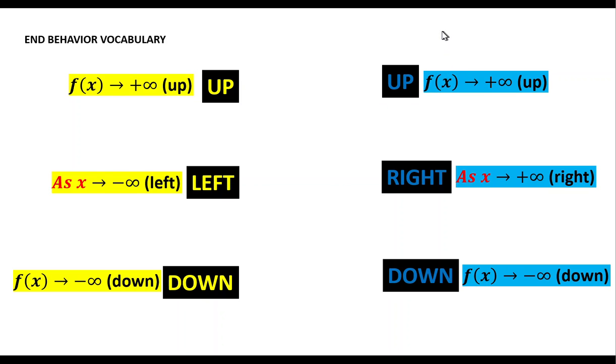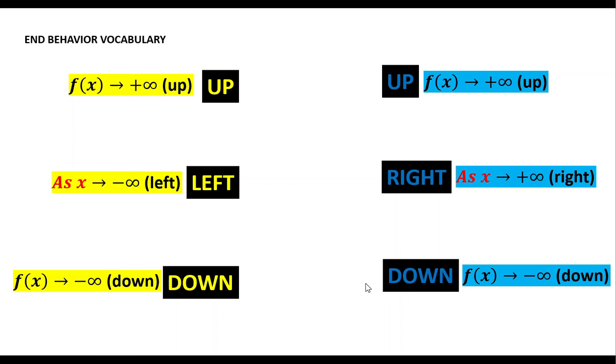If the function or the y values are becoming more negative, whether you're going to the right or to the left, we say the function is approaching negative infinity. That means the function is going down.